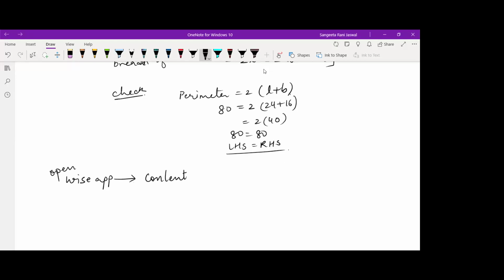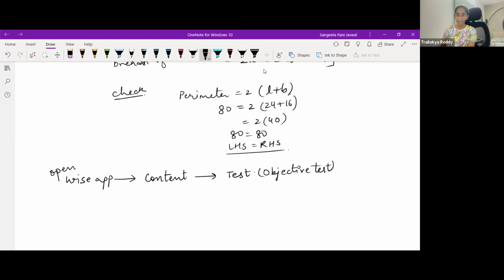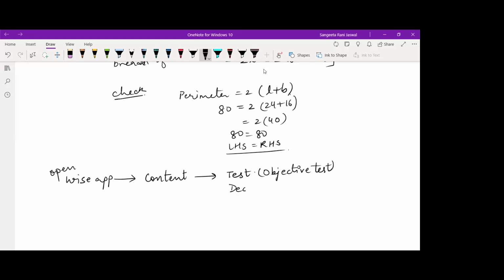Under the content, you will find the test section. This is for the objective test. You will find the test with the name, decimal, and the date. Date is 18th given there.